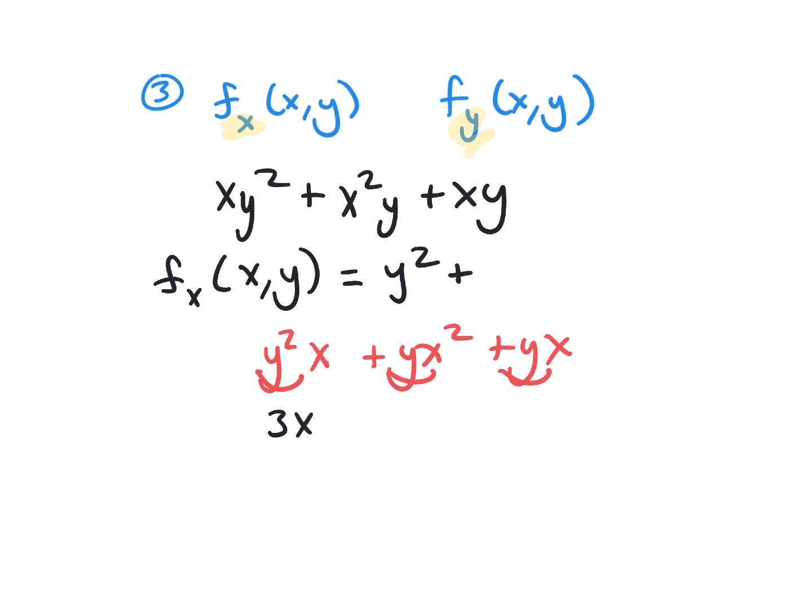So plus 2 comes in front, yx. Again, y, think of it as a number. So if you're struggling, just put in a number there and see what you would do. And the last one, again, y, just a number. So the derivative of that would just be y. Again, if it were 3x, think of what's the derivative of that? Just 3, or in other words, just y. Okay, so that's treating it as if x were the variable and y were constant.